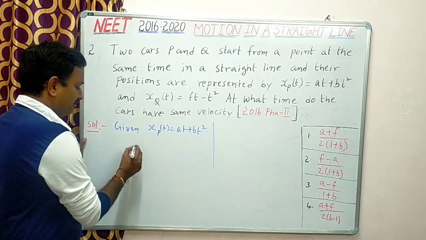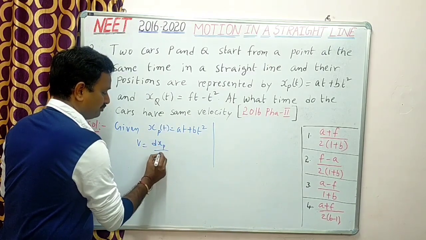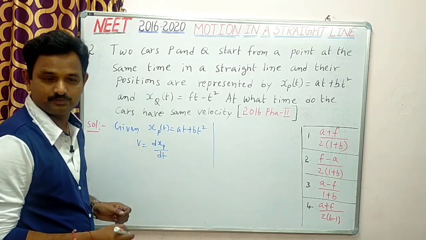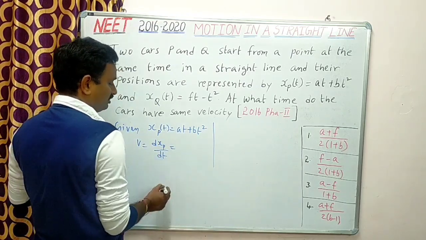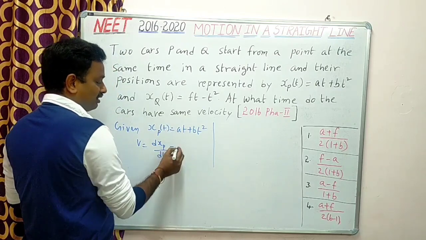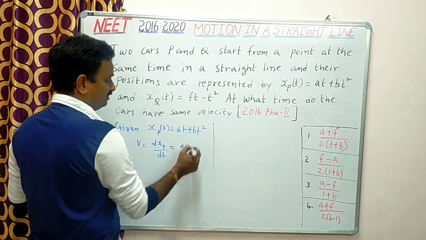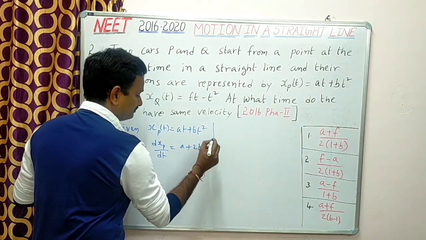V equals dxp by dt. That means the derivative of x at point P with respect to time. That is equal to the derivative of at, that is a, plus the derivative of bt square. What will you get? You will get 2bt.